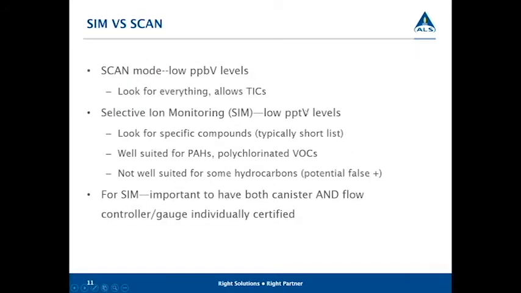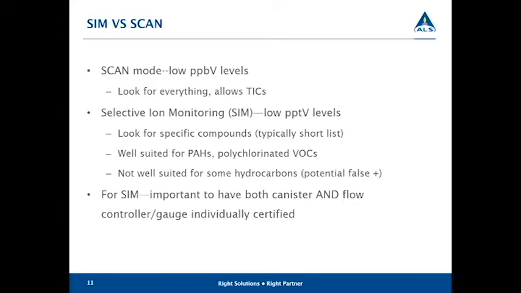SIM versus scan. These are modes that are set on the analytical instrumentation that is analyzing the air samples. Scan mode on the instrument lets you look for low part per billion levels, and that's the default mode unless you request low-level SIM mode.